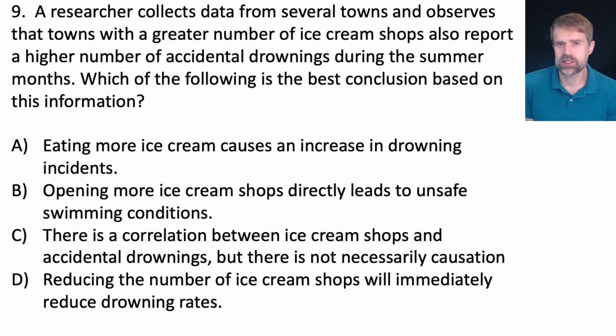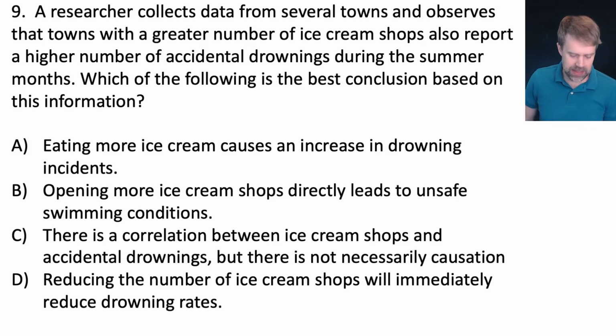A researcher collects data from several towns and observes that towns with a greater number of ice cream shops also report a higher number of accidental drownings during the summer months. Which of the following is the best conclusion based on this information? I'm going to read the choices here so we can start thinking through it.